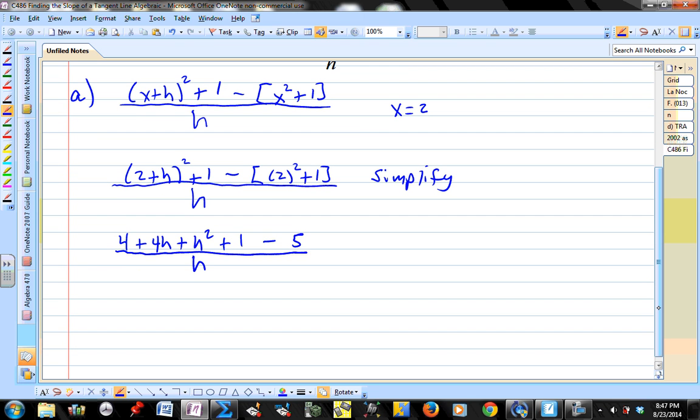Just bear with us. Combining like terms, we've got the 4, the 1, and the minus 5. So 4 plus 1 minus 5. These guys eliminate each other, and we just have 4h plus h squared in the numerator and h in the denominator.